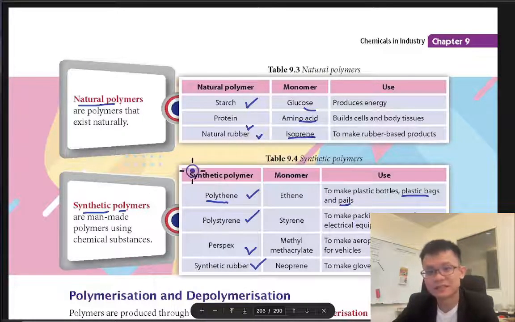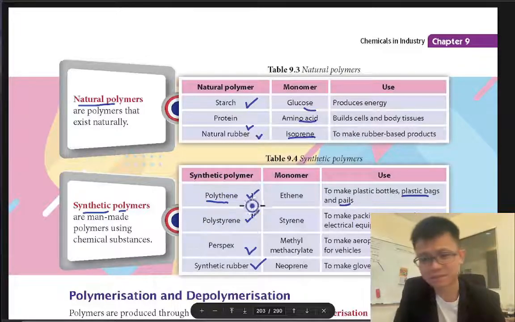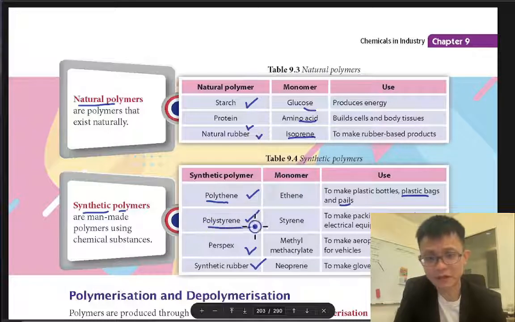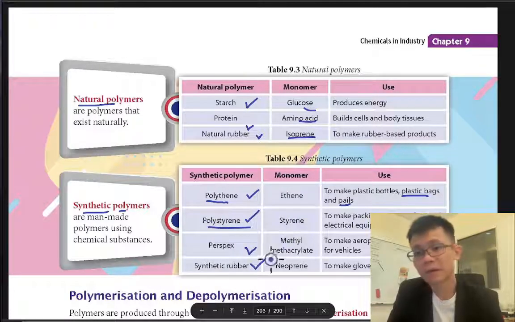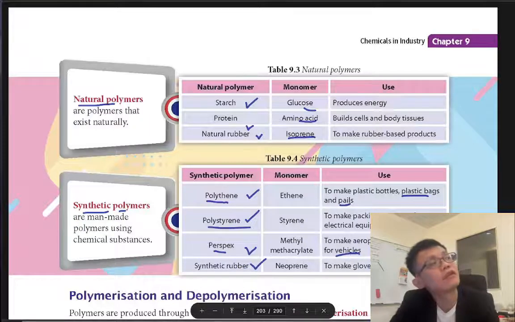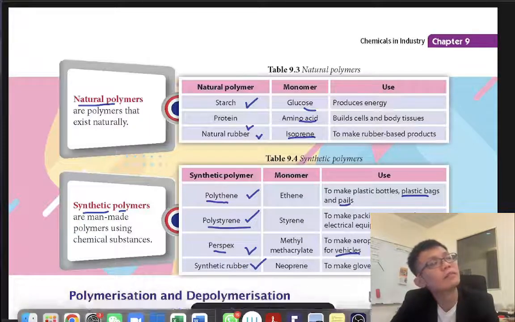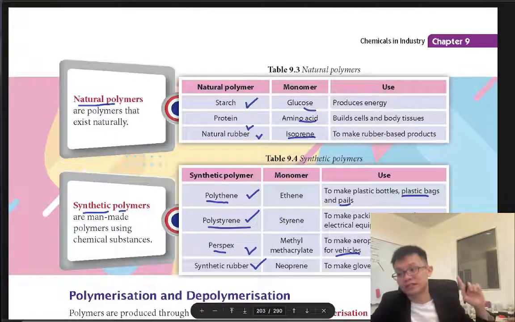So actually this whole thing is also talking about plastic and rubber. Polystyrene, the white color thing to put in the box, which is stronger. Perspex, to make aeroplane windows for vehicles, is a stronger plastic. Is it used to make the switch? I cannot remember. You know the electric switch like this one.